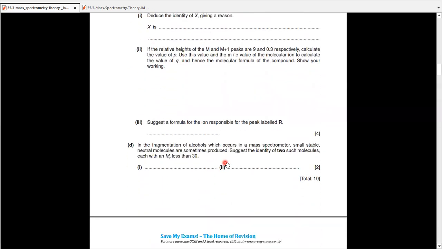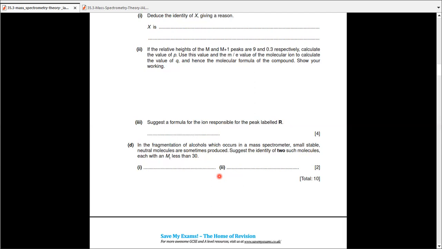C3H7. So out of C3H7Br, what would be the formula of the peak labeled as R? C3H7. Perfect.